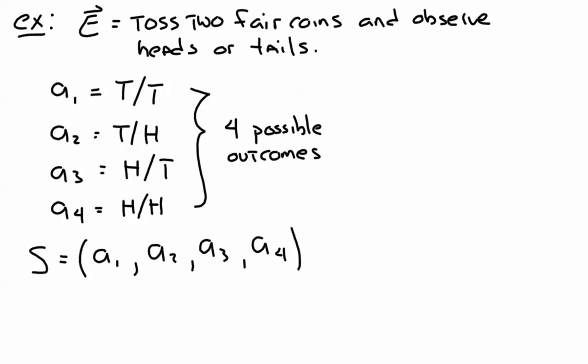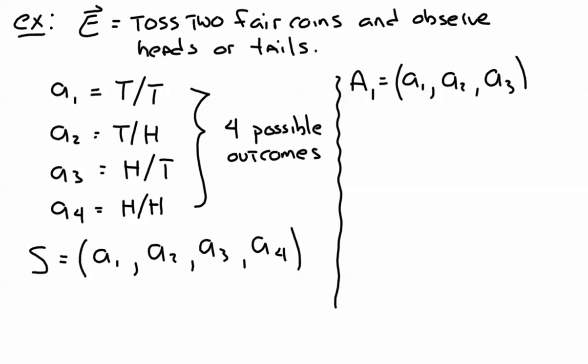So from here we could then define perhaps some events. Let's look at some events. Capital A1 might be the collection of outcomes A1, A2, and A3.